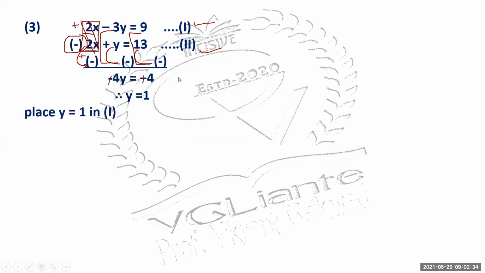Now see, place y in equation 1. We are going to substitute that in equation 1. So what is equation 1? 2x minus 3y equals 9. This is your first equation, and this you have to substitute. How are you going to substitute? Where there is y, replace that y with 1.